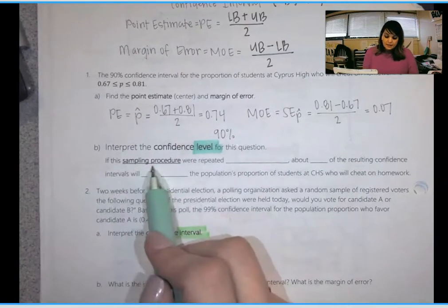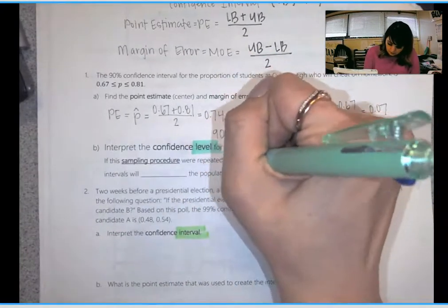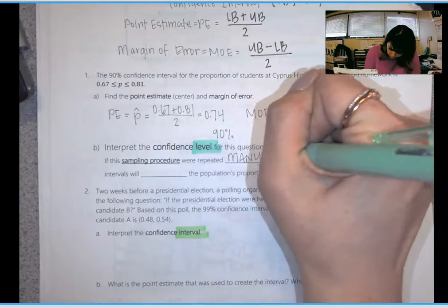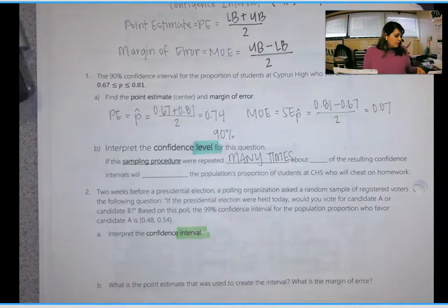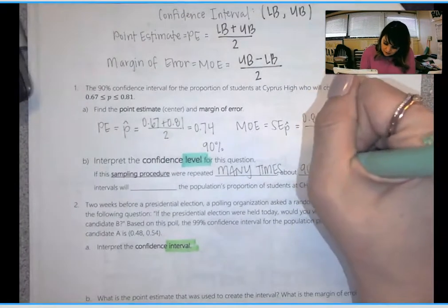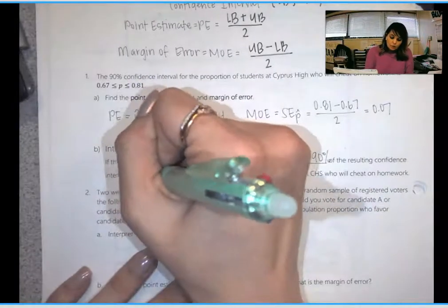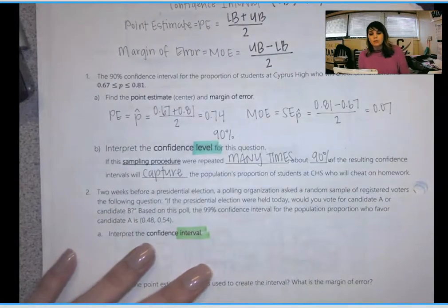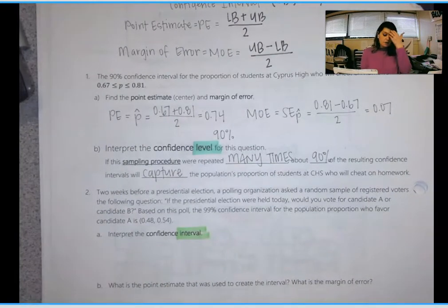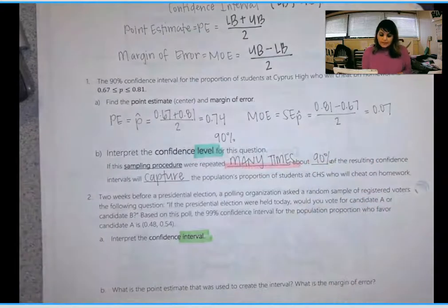So if this sampling procedure were repeated many times, about 90% of the resulting confidence intervals will capture the population proportion of students who will cheat on homework. The key phrase in here is many times.